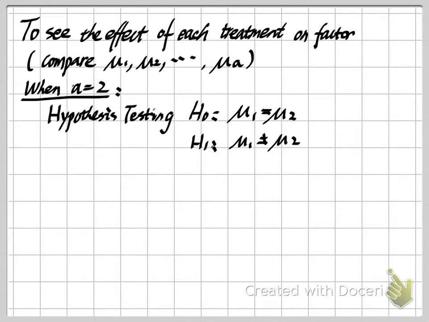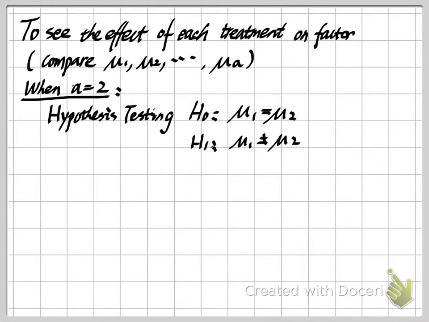But the idea is we need to construct a test statistic. And this maybe depends on whether we know the variance, sigma, or not. If we know it, it's a z-test. If we don't know it, it's a t-test.